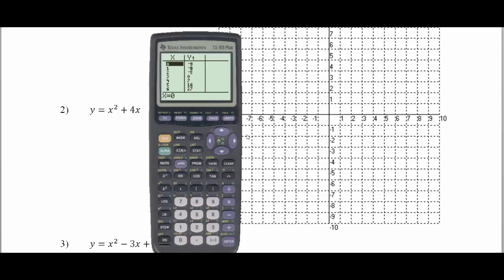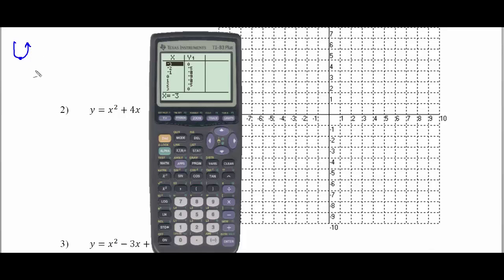Now, the vertex of this graph is the lowest point on our parabola. When we have a smile, and I will freeze the calculator right here, the vertex is going to be at this lowest point. It is the point at which the parabola changes direction.